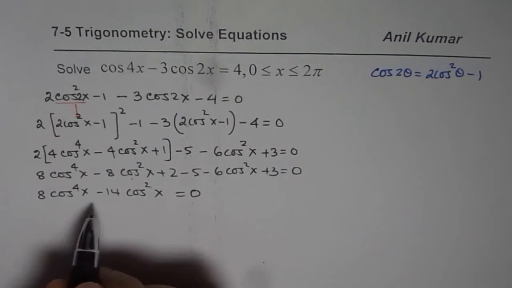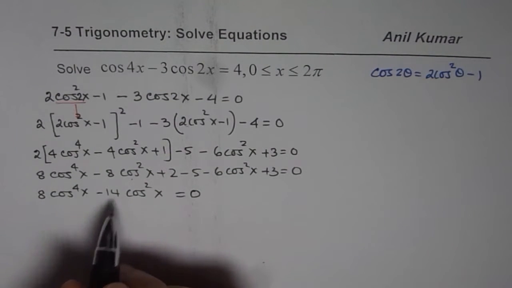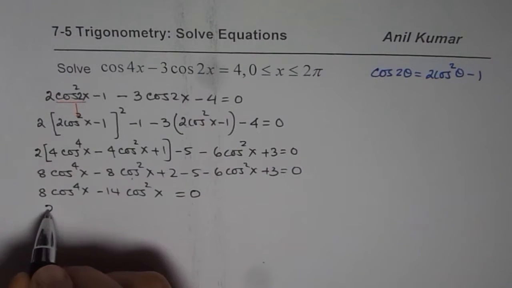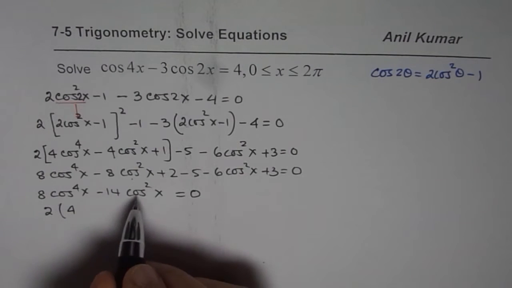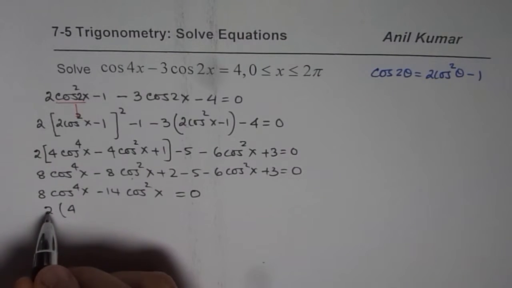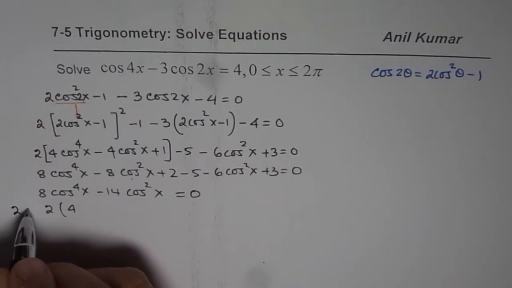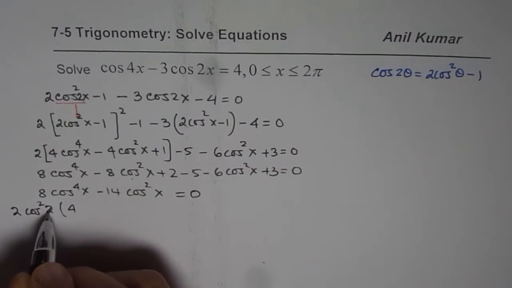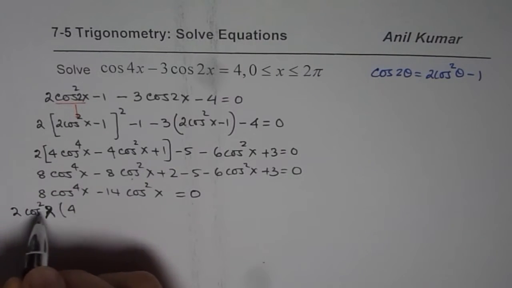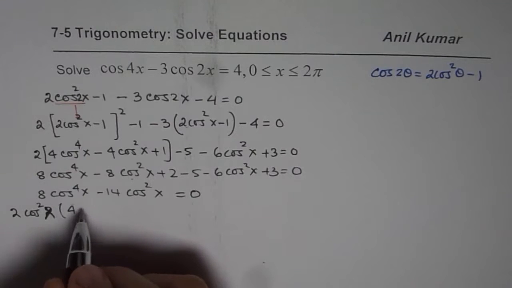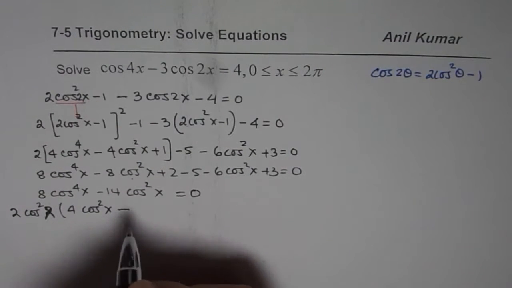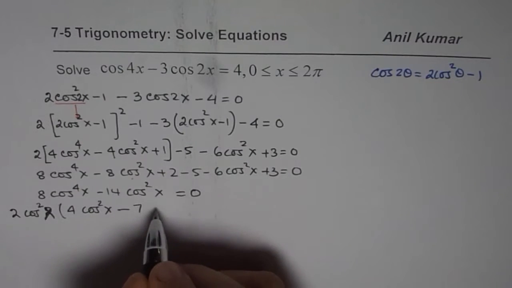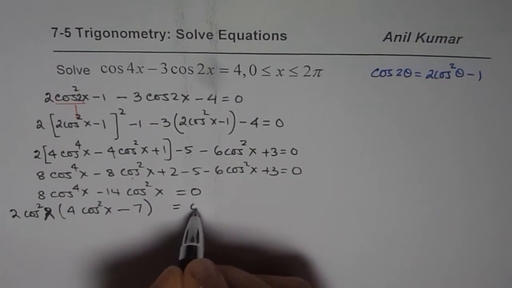So we can take a common factor here. We could take 2 common. Actually, we can take 2 and cos square x also common, right? I should write 2 cos square x common, so we get 4 cos square x minus 7 equals 0, right?